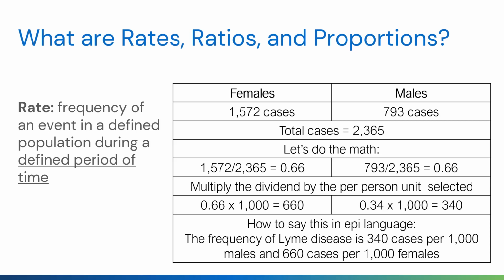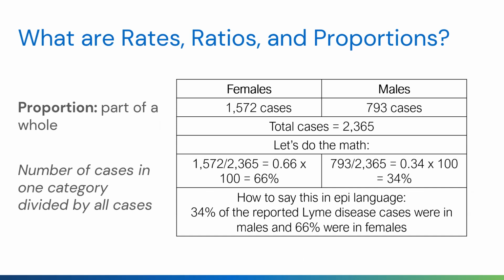So 660 is the number we get for females, and it's 340 for males. So how do I say that in epi language? The frequency of Lyme disease is 340 cases per 1,000 males and 660 cases per 1,000 females. So that's the rate.